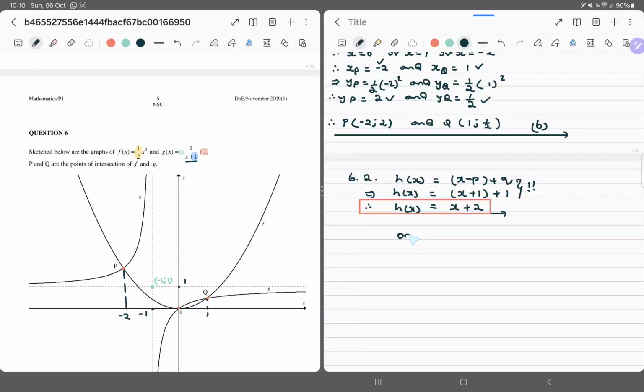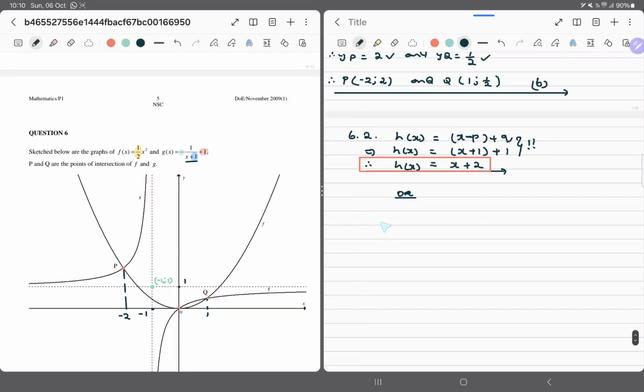Or, how else could you do it? We can say h of x is going to be x plus c. We know the gradient is 1. For the axis of symmetry, the gradient is always 1. And for the positive one, it's going to be a plus 1. But then we have to substitute the coordinates of the center, or the point of intersection of the asymptotes.